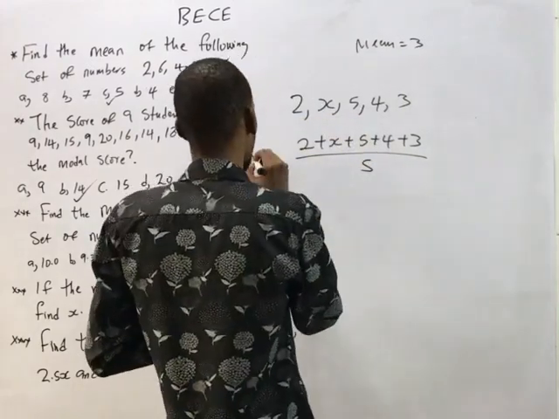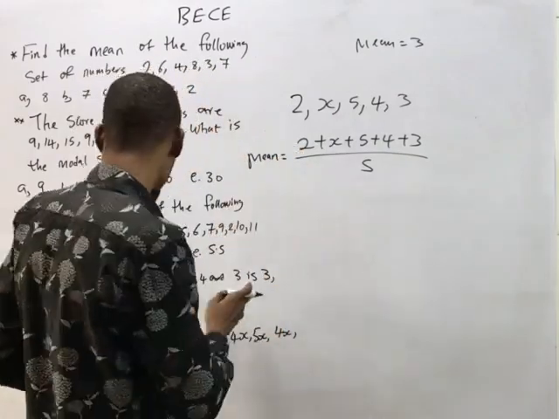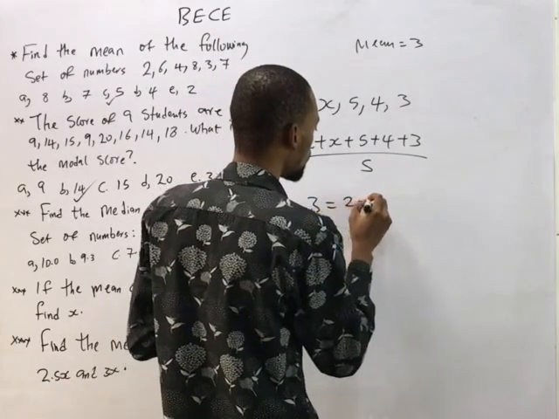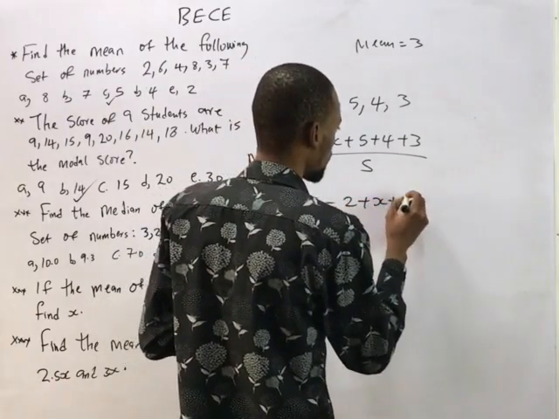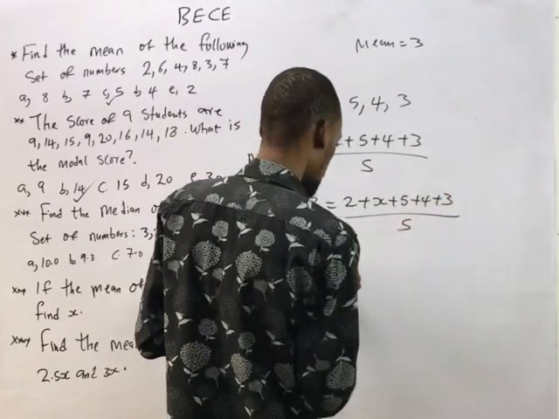So that's the mean. But already we are given the mean, and they say the mean is 3. Therefore 3 is equal to 2 plus S plus 5 plus 4 plus 3 over 5.